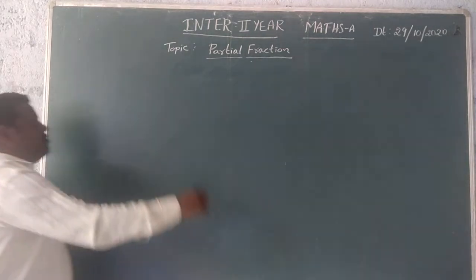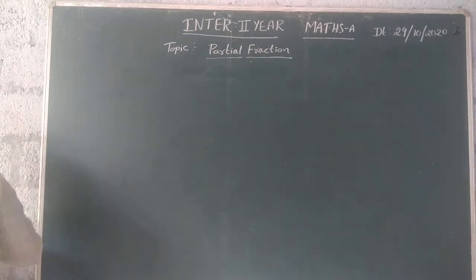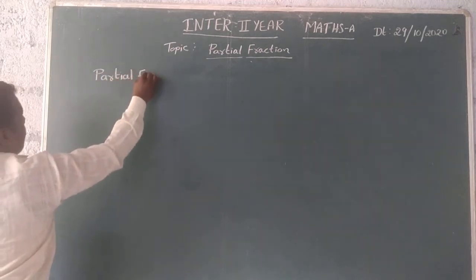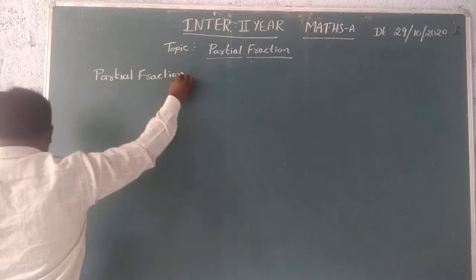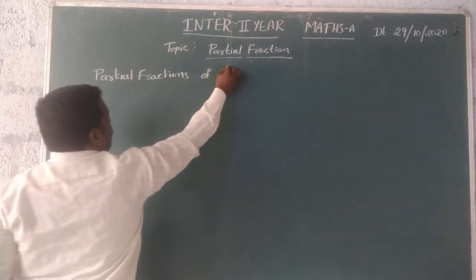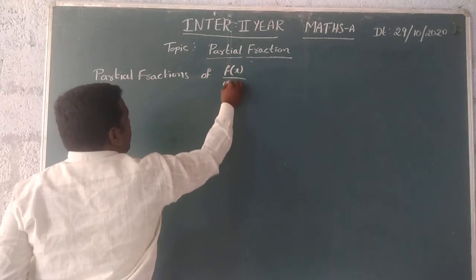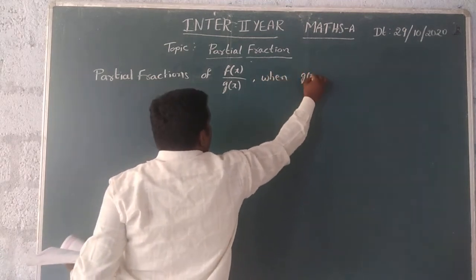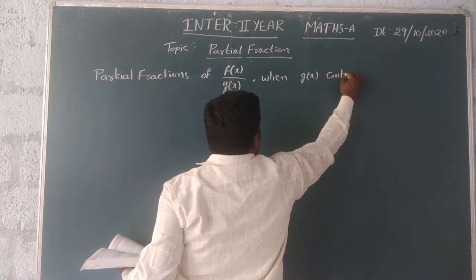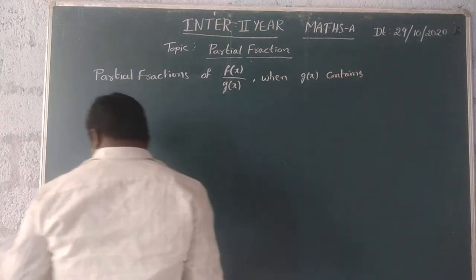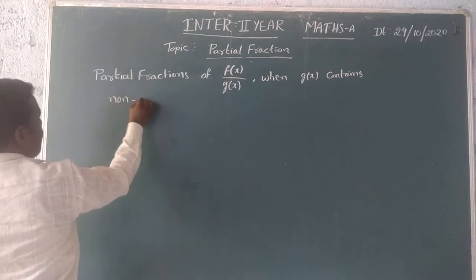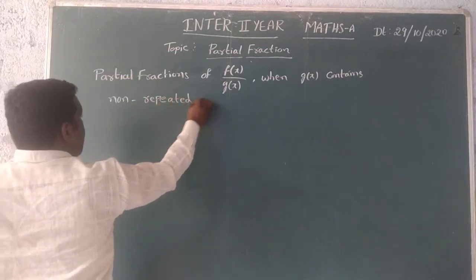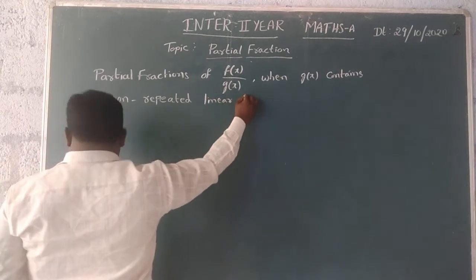Okay, so first one, partial fractions of f of x by g of x, when g of x contains non-repeated linear factors.